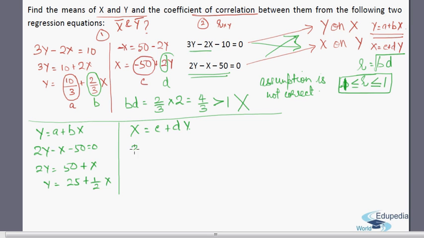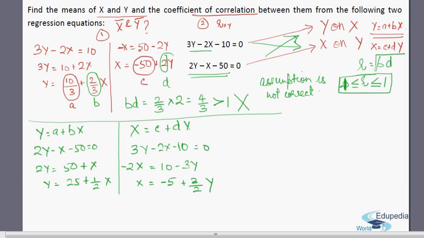So it is 3y minus 2x minus 10 equals 0. If I keep the x part here, it will be 2x equals 10 minus 3y, or x equals minus 10 by 2 is 5 plus 3 by 2 y.